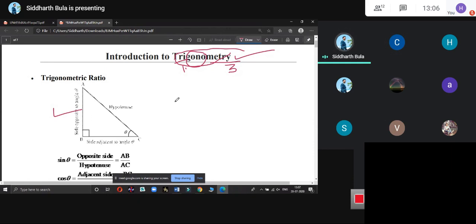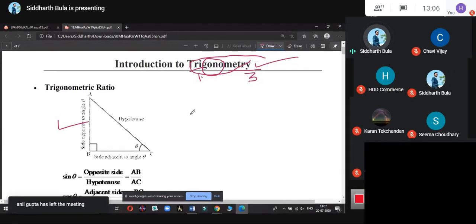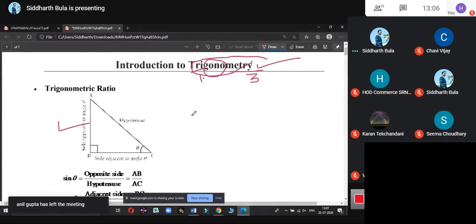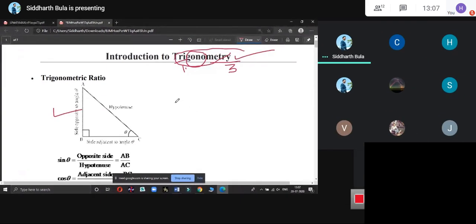And how many types of triangles do we have in our mathematics? Let me ask. Do we have Lavesh here in the class? Let me check. Lavesh, yes, you are here. Very good. Answer me. How many types of triangles do we have? You should know this from 10th standard. Lavesh, are you there?